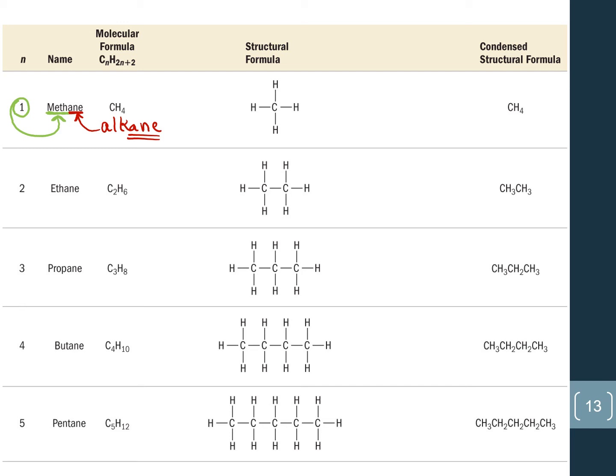Second one, ethane. The beginning of the name is telling you that that's a compound that has two carbons. Whenever you see something with that beginning of a name, prop, it means that you have three carbons. But is what we use for four carbons. Pent is what we use for five carbons.